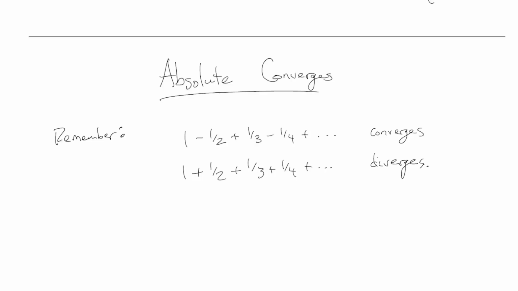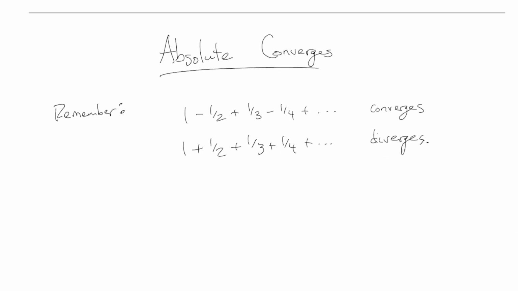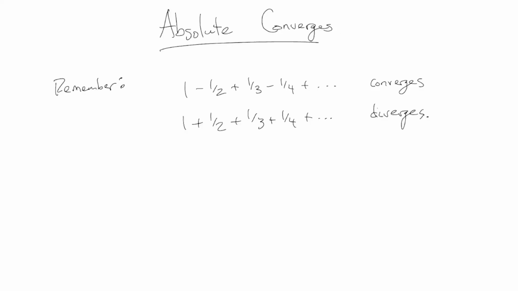All right. There's actually a word for that: a series that by itself converges, but when you take the absolute values, does not converge. So here's a formal definition.